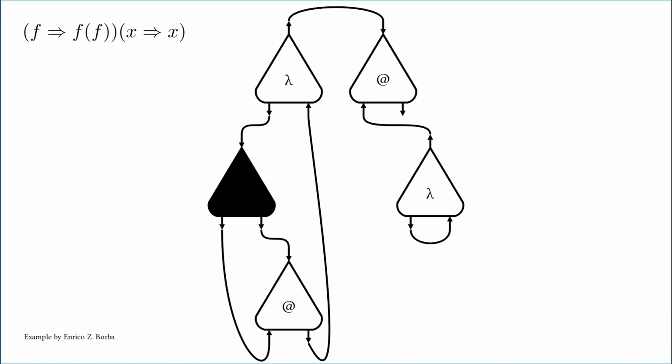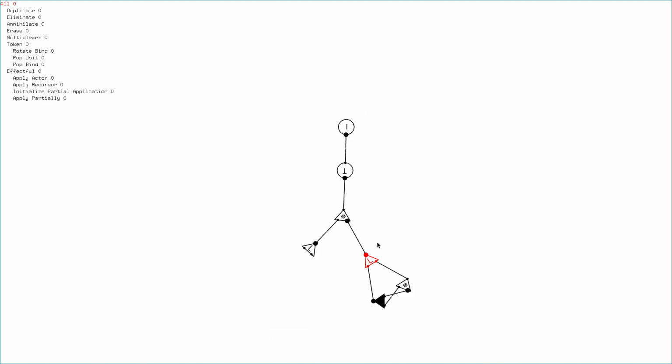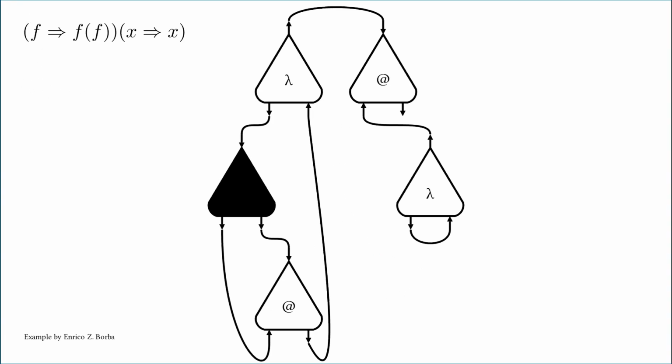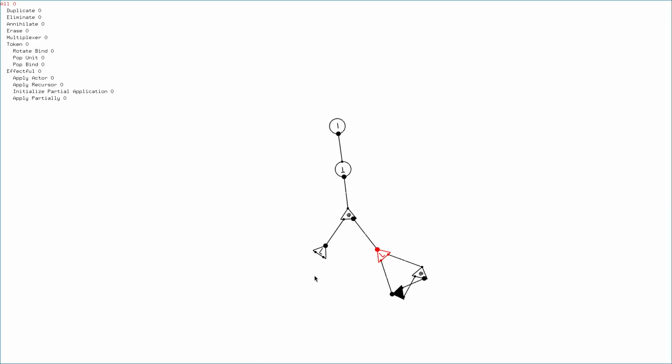F is duplicated by the application from f to f, which is here is the f, and it's duplicated as it's put into the duplicator, and then f is put into this application agent, and then f is applied to itself. And this right here is the right side, which is exactly the x to x, because this binds the x right to its return, or the term itself.